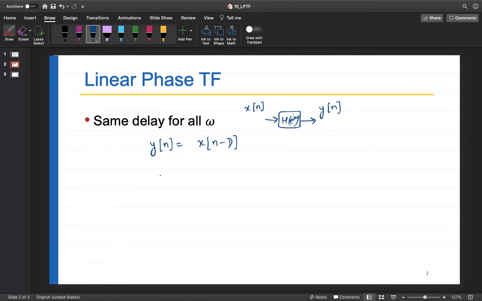So let's generalize it. Let's take a z transform. Y(z) is equal to z to the power minus D times X(z).